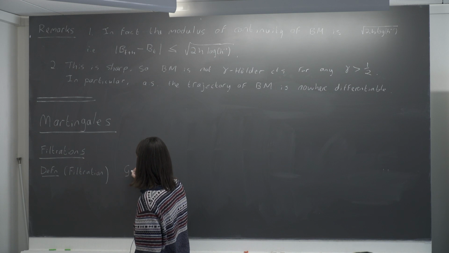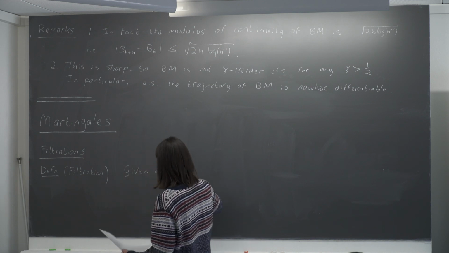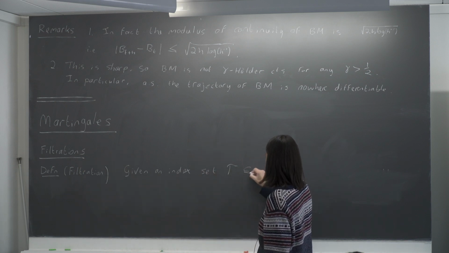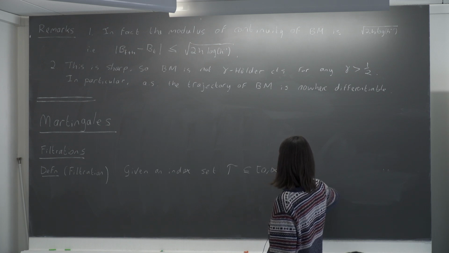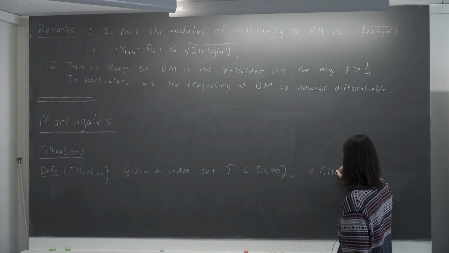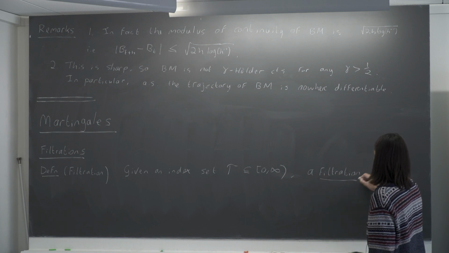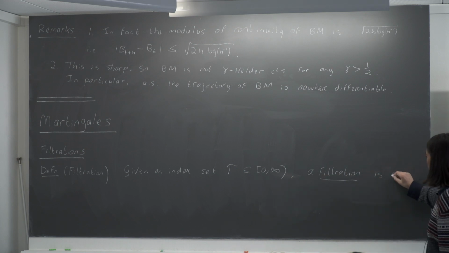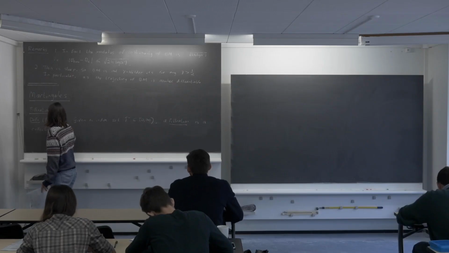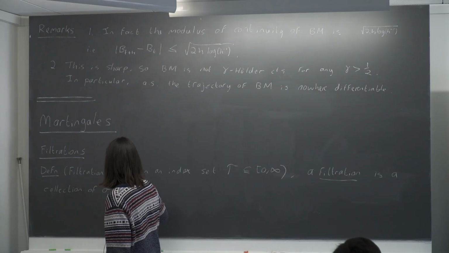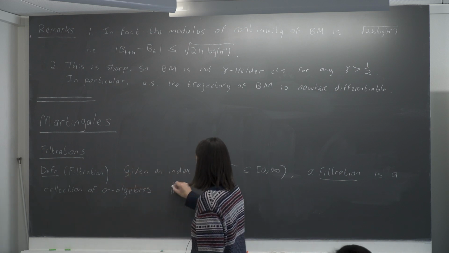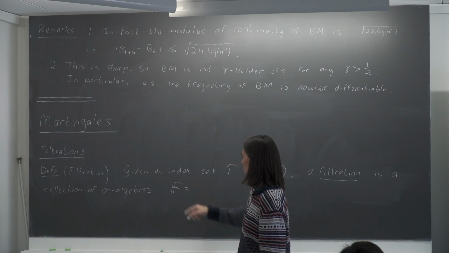Given an indexing set T, which is some subset of the non-negative reals, a filtration is a collection of sigma algebras, so we're going to use the double bold F to represent it.